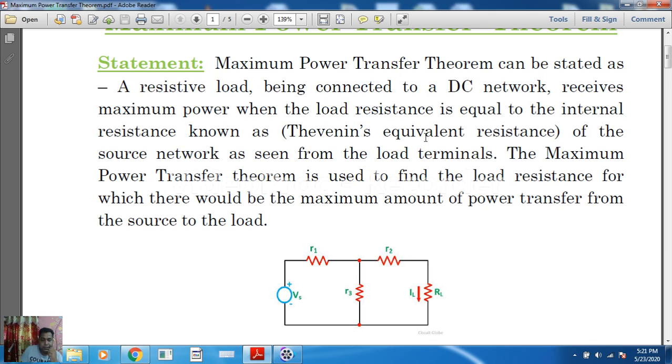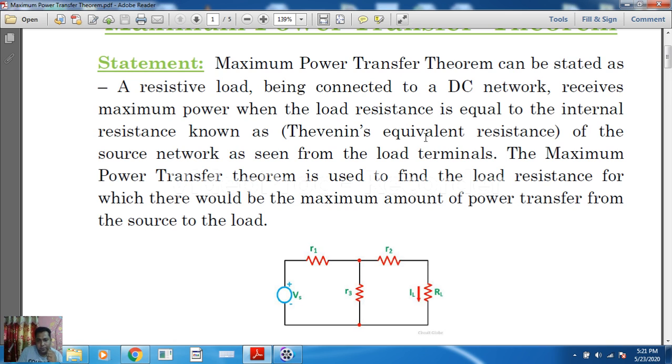That means we make the circuit independent of source, and view it from the load terminal, from where we have disconnected the load. If that equivalent resistance is equal to RL, the load resistance, then only the maximum power can be delivered through the load resistance.